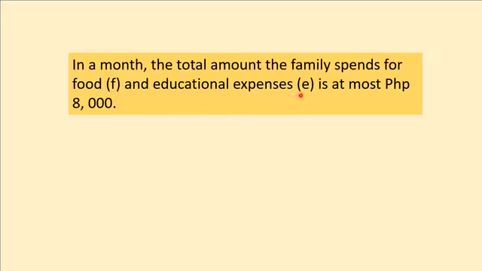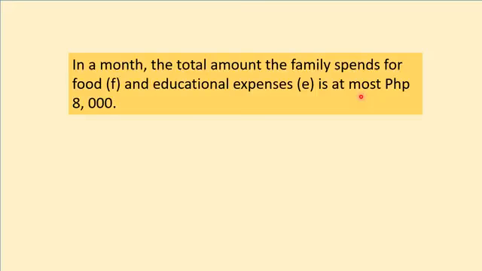And the second step is let us identify the mathematical operation to be used. Since we have here the word "and," meaning again this is addition. And the last step is to identify the inequality sign to be used. So we have here the keyword "at most," meaning we will use the less than or equal.